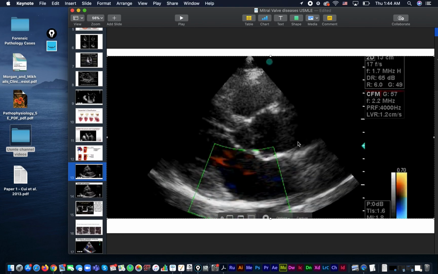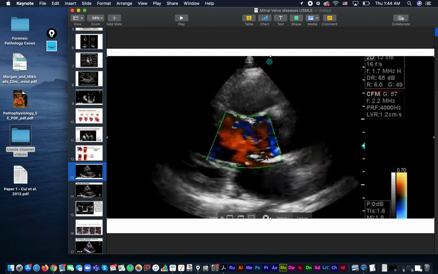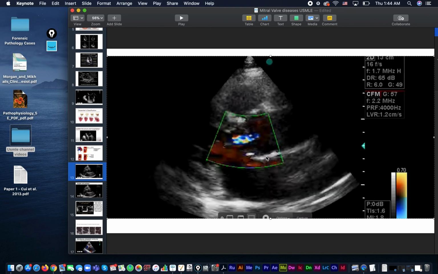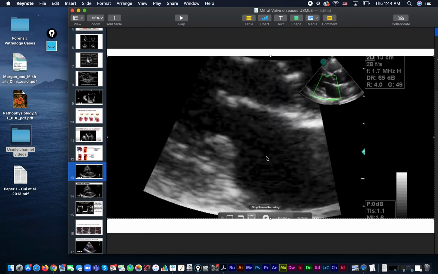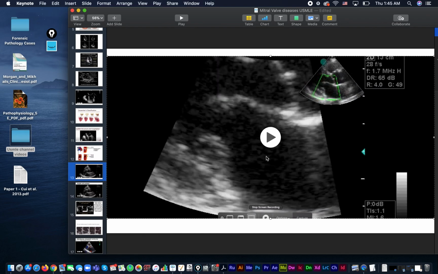This is regurg. I accidentally put an example of a type 3A regurg. Right there, you can see it. And you see the tricuspid valve is closed while the mitral valve leaflets are wide open during the relaxation phase.